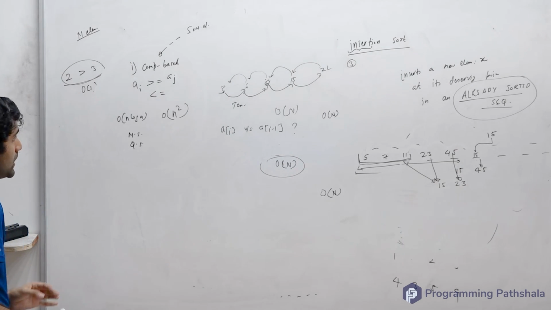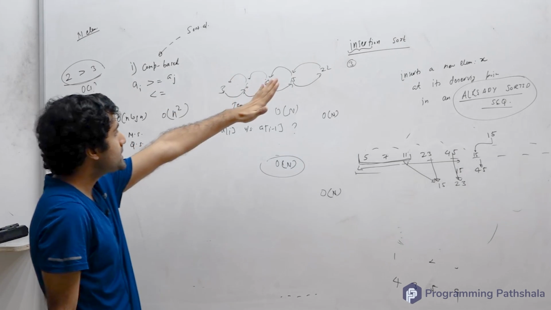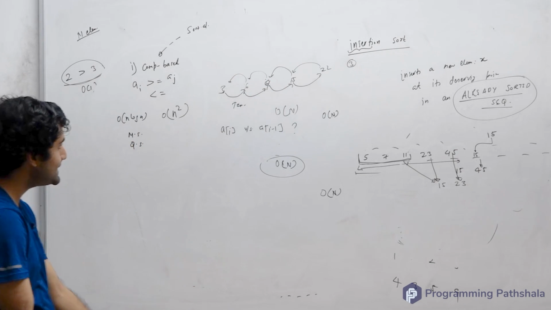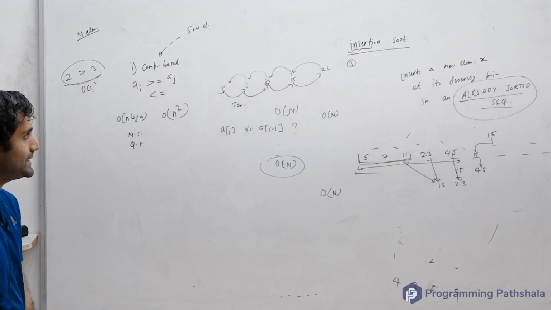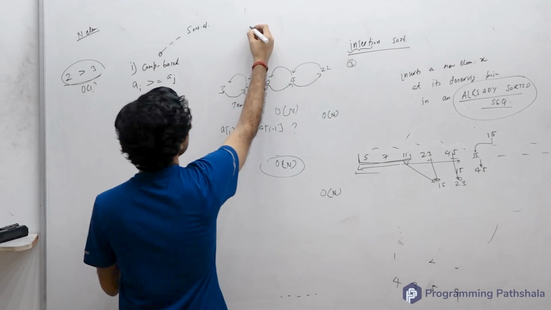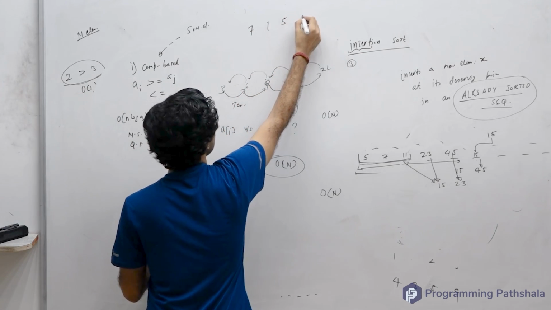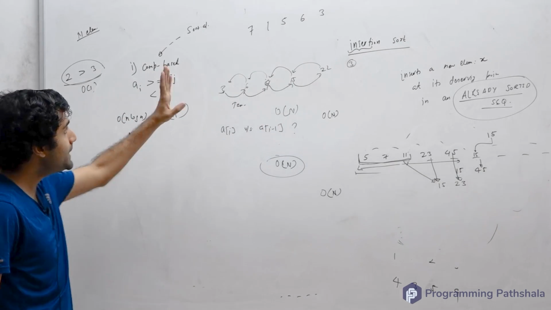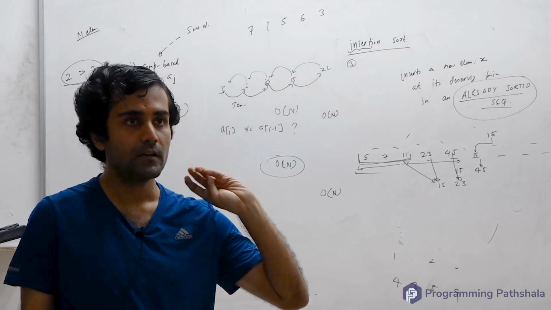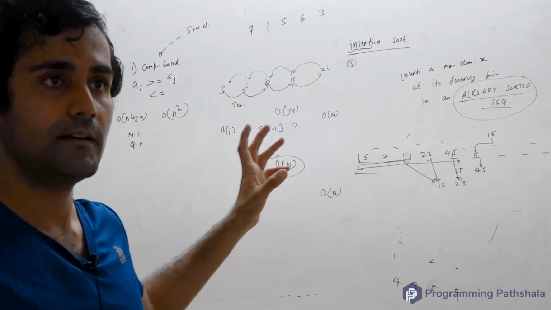See, the requirement of insertion sort to start working is that there should be an initially sorted sequence. So let's say an array was given to you like this. There should be an initially sorted sequence. So can you think of a subarray?